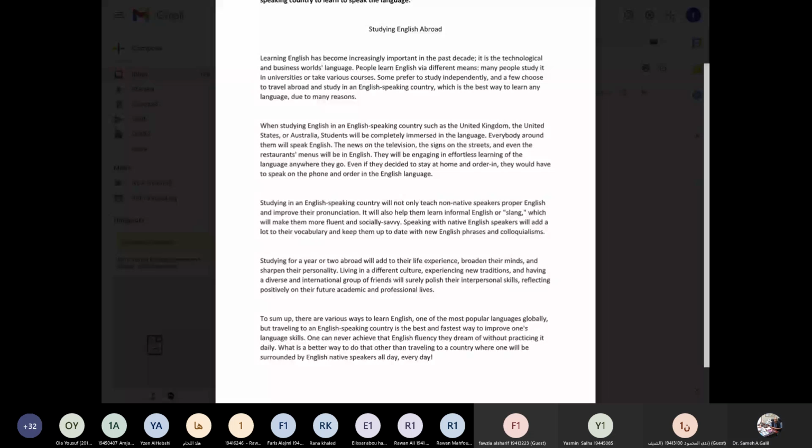Then you move down and see whether the writer of the essay is fulfilling the promises she made in the thesis statement. She said that she's going to do this and that, and see whether she did this or that or not. And then go to the last paragraph, which is the conclusion, which is a summary.